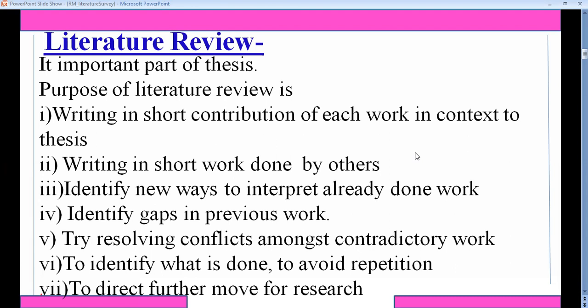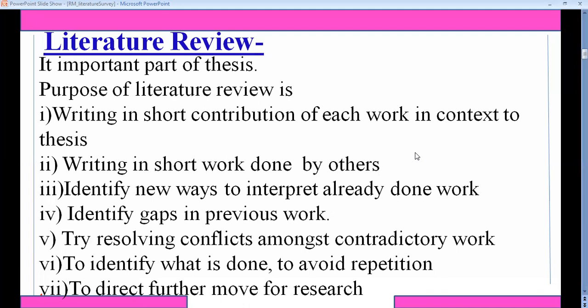From this, you will get an idea what the author has done. Then next step, you read the paper. You may not understand everything, but the conclusion and abstract will guide you on what the person or group of persons have done. So you have to write it in the literature review.